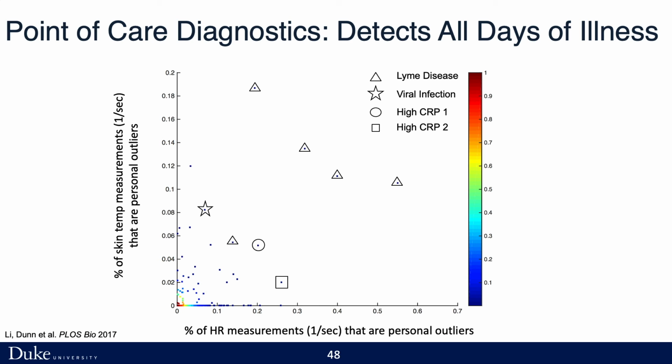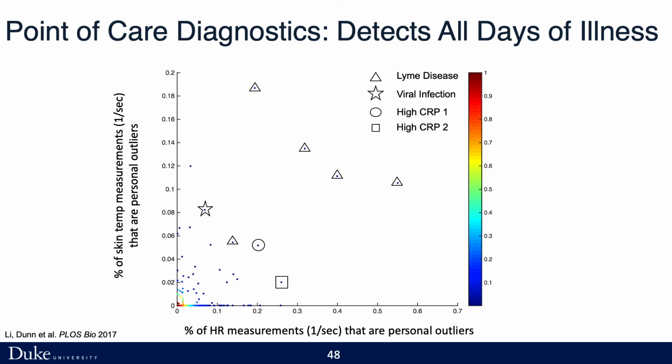The implications of this are really interesting because when we think about asymptomatic or pre-symptomatic infection, this gives us an opportunity to detect subclinical infections maybe before they become infectious or before somebody could spread a virus.